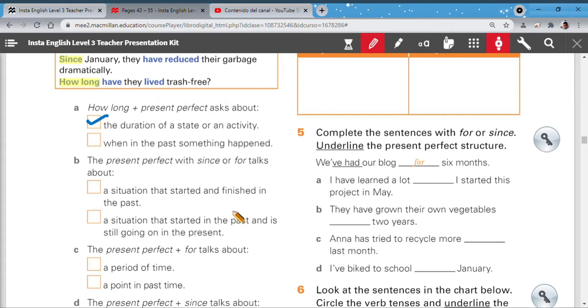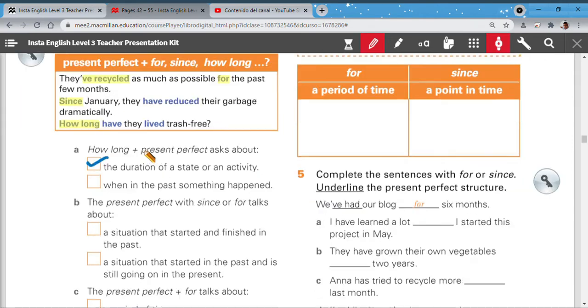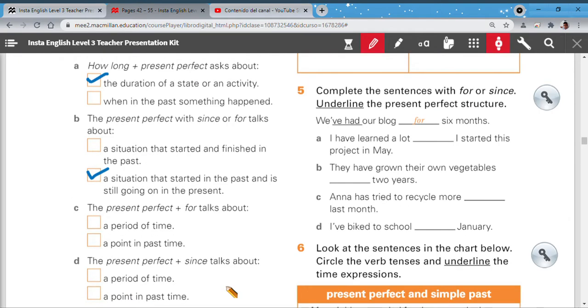It's impossible to finish in the past because in this example it says from January until now: January, February, March, April, and May. So it's a situation that started in the past and is still going on in the present.